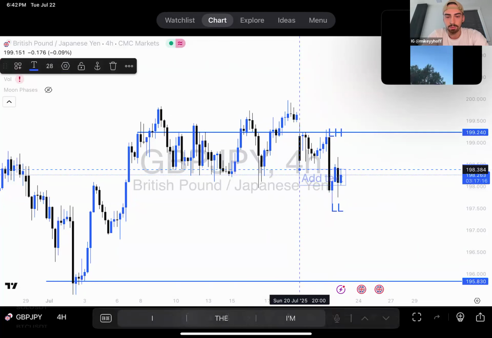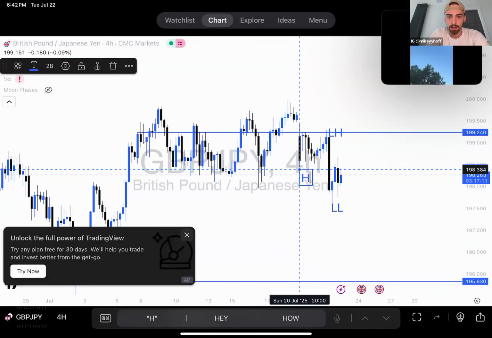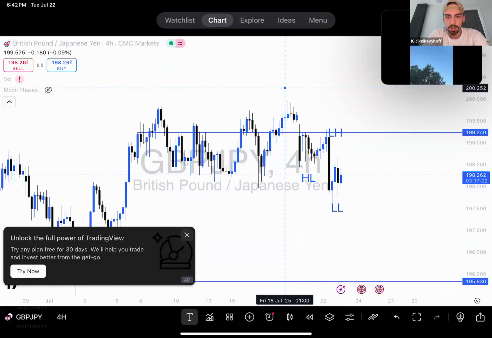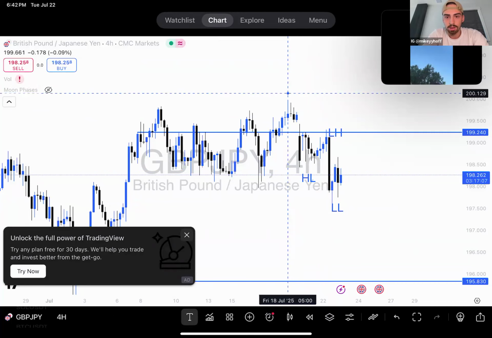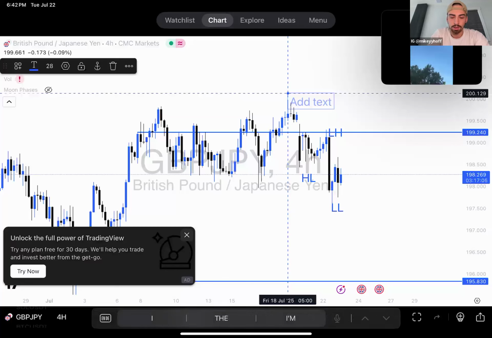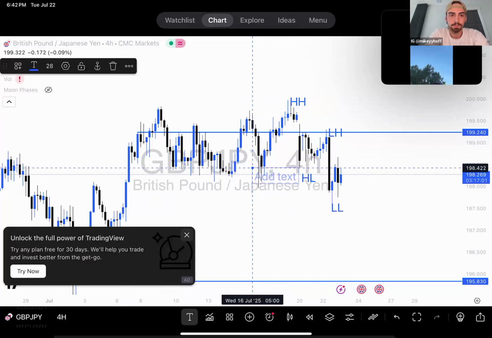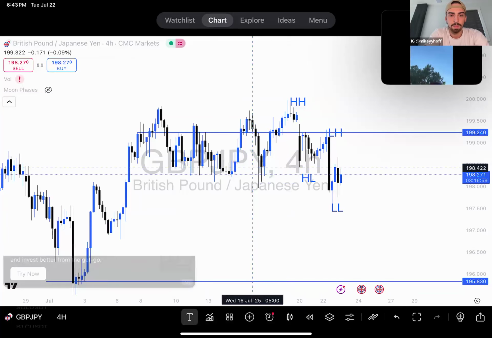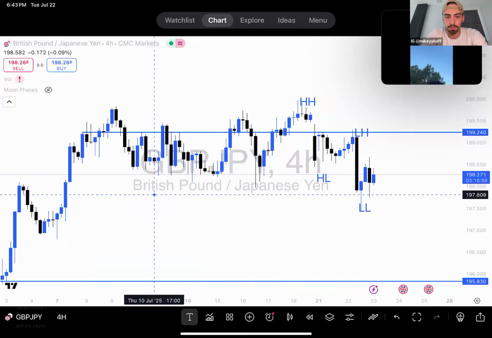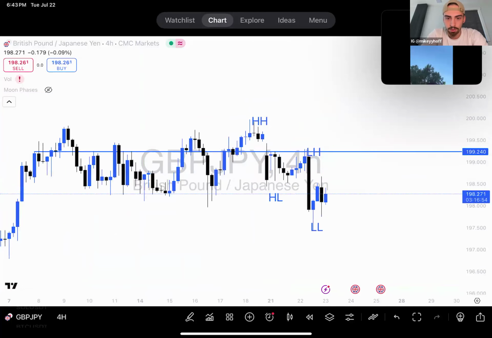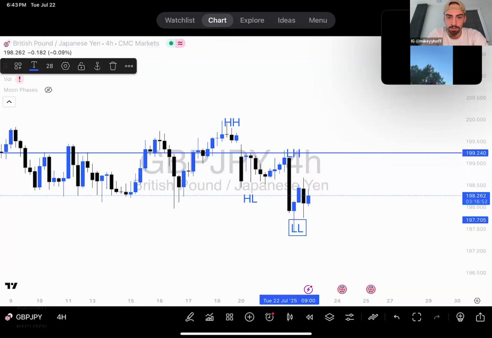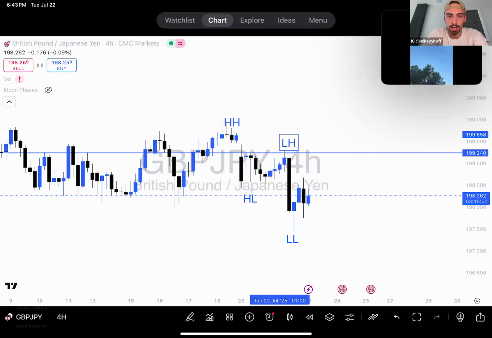Right here, we actually have a higher low, and in this case, we have another higher high. So the 3 most recent, and if you need to do a few more, maybe 4 or 5, that's fine too. Just make sure that you can see and identify which way this market is moving.